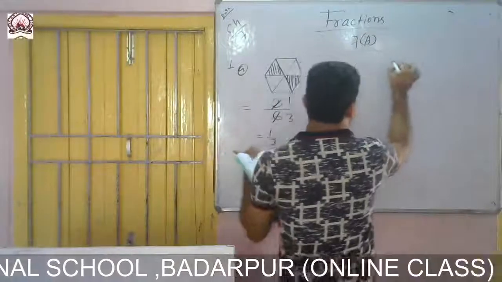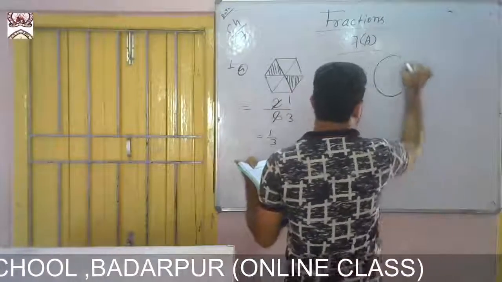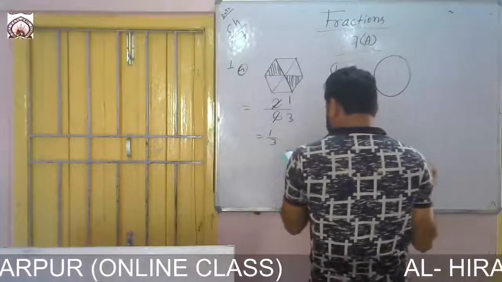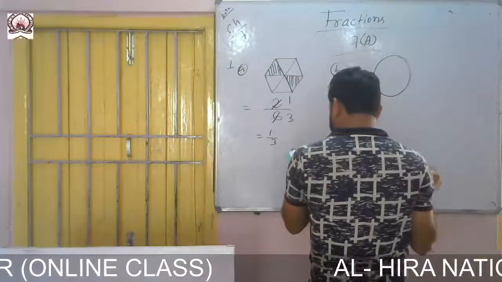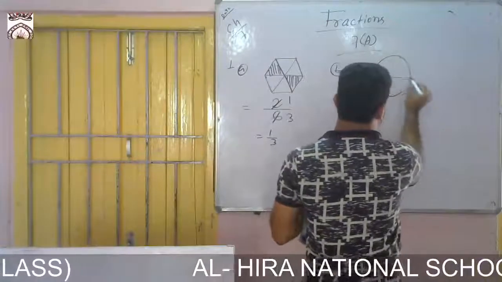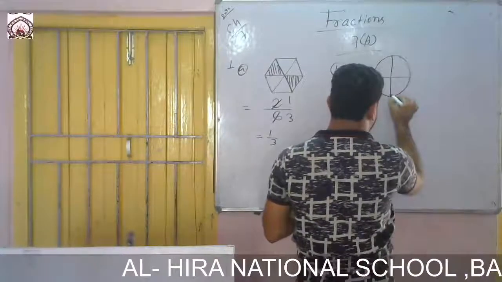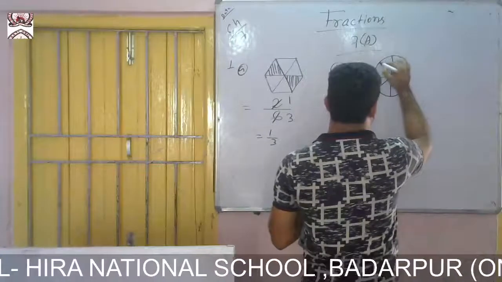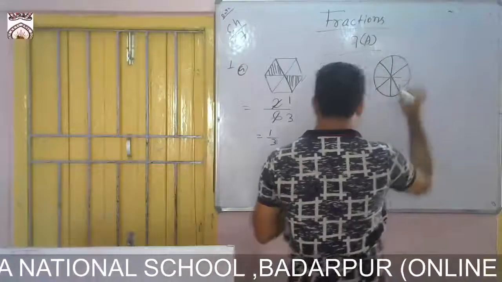Number B was a circle. And it has been divided.